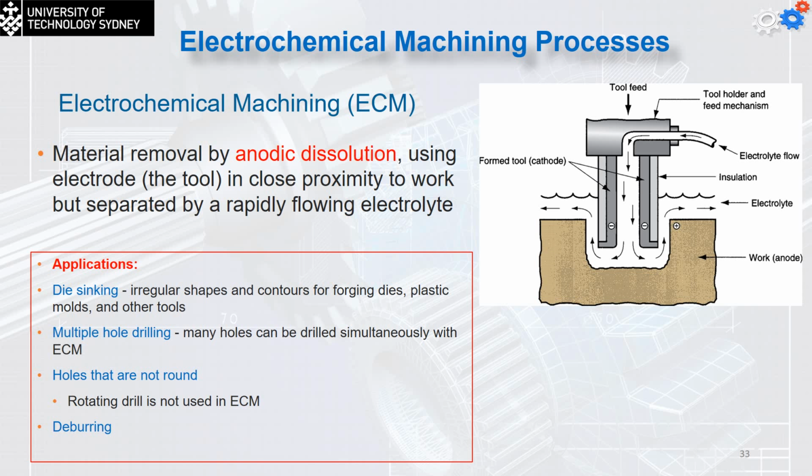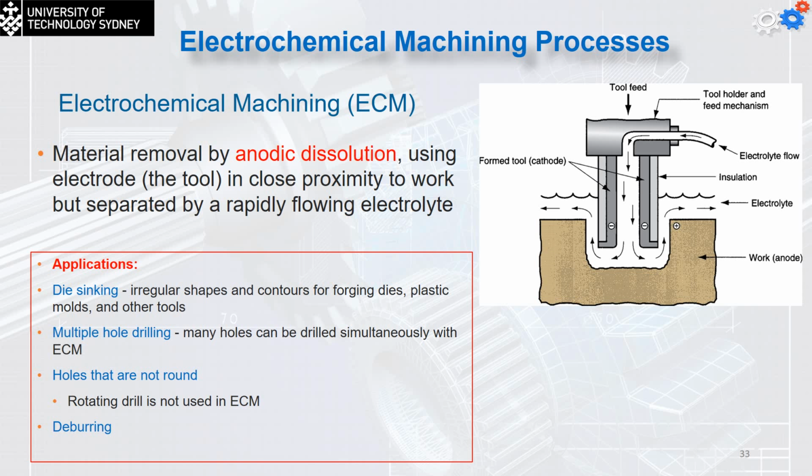So what happens is that we take the positive going to the negative, negative going to the positive, and we remove the material by passing the electrolyte all the time. This is the electrolyte flow. It's going to be from inside the tool. The feed direction is going to be downward, and then the material is removed as an anode from the surface and pushed away by the electrolyte solution.